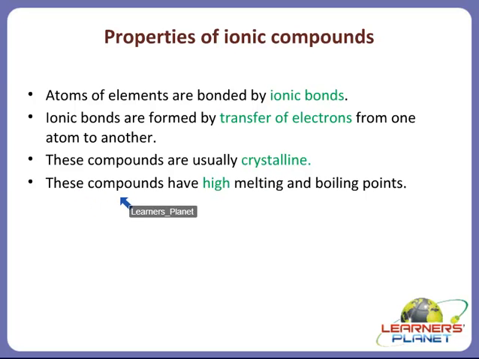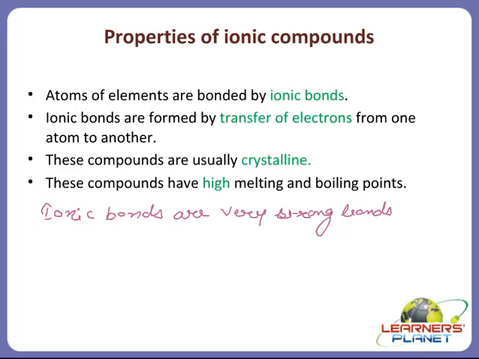These compounds have high melting and boiling points. Why? Because the ionic bonds, they are very strong bonds. Okay? So I'll write here why. Because ionic bonds are very strong bonds.